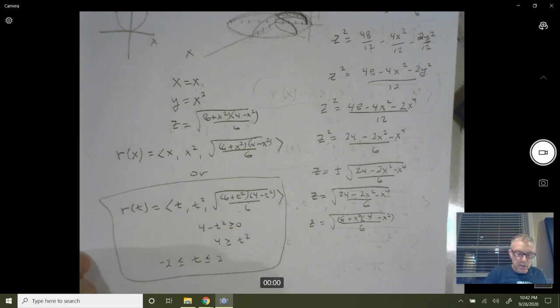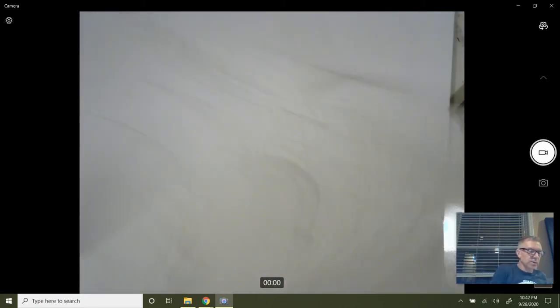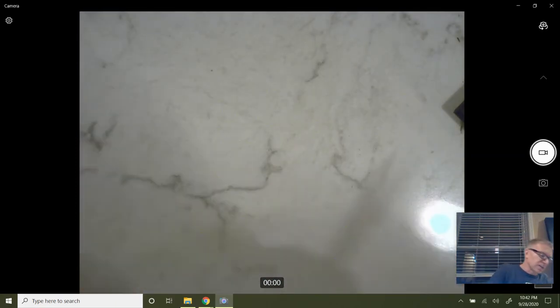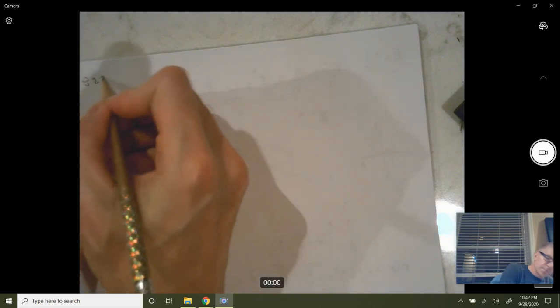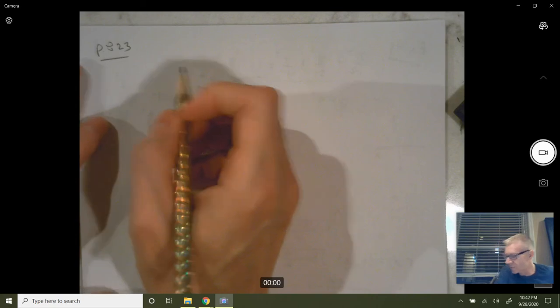Okay, so now we're going to page 823. We're talking about limits and continuity of vector valued functions. Page 823. Okay, the definition of a limit of a vector valued function. I'm just going to define it when we've got a space curve.